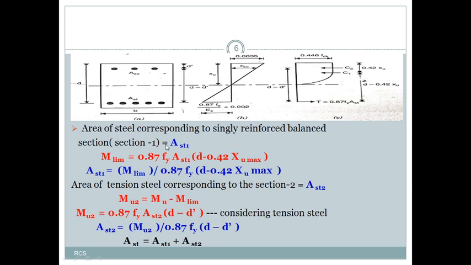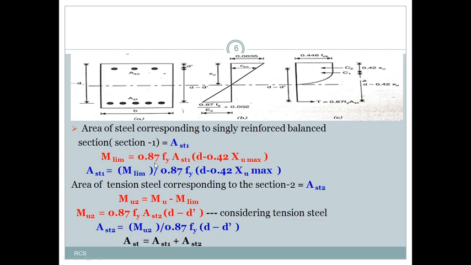As we are calculating the area of steel corresponding to the singly reinforced balanced section, the depth of neutral axis Xu will become Xu max. So in place of Xu, we substitute Xu max. Finally, the moment of resistance corresponding to the balanced section is Mu limit, the maximum moment of resistance.